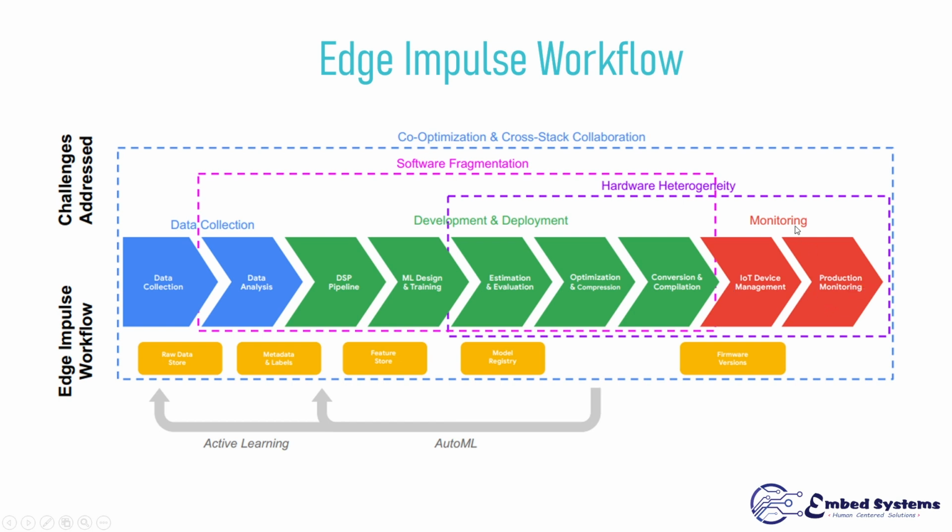In fact, we call this TinyML operations, or TinyML Ops. It's like an operations workflow from the beginning to the end. It's actually a cycle, so you go from step to step and back and forth until you have a production device or a production model. You can see it's doing a lot for you.